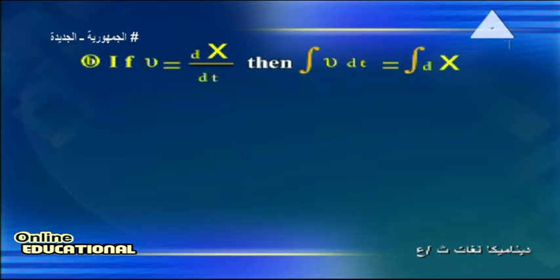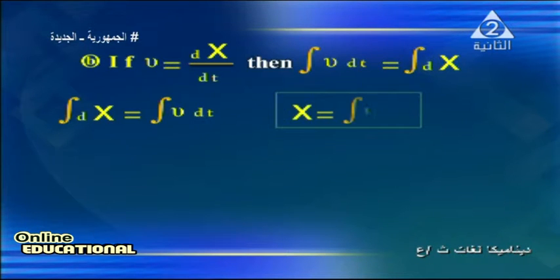If the velocity v equals dx dt, then integration of v dt equals integration of dx. Integration of dx equals integration of v dt, then x equals the integration of the velocity v with respect to the time t. Now we have a new relation between the position vector x and the velocity vector.